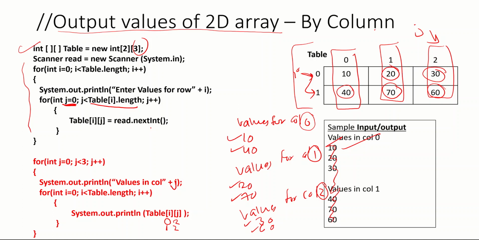If you need your output to be for each column, which means you have to go through each element in the column, then you have to start with J equals 0, J less than the number of columns. And always when you access your elements, the syntax is the name of your array, location I, location J.